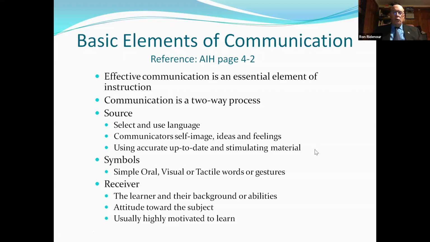So the source is usually the instructor, but also the source is the learner student that we have, because they're wanting to communicate with you as well as you communicate with them. And we'll talk more about these as we move through here. Symbols, we use simple, oral, visual, tactile words and gestures.